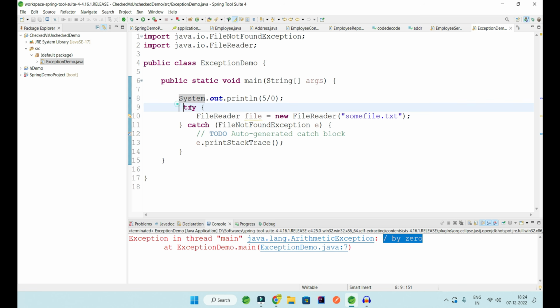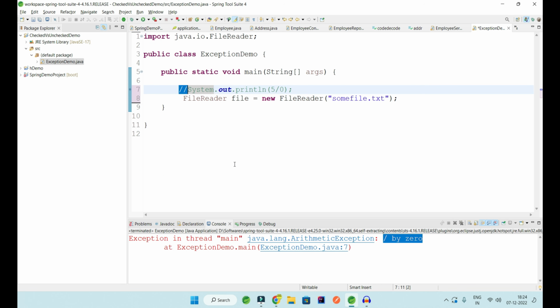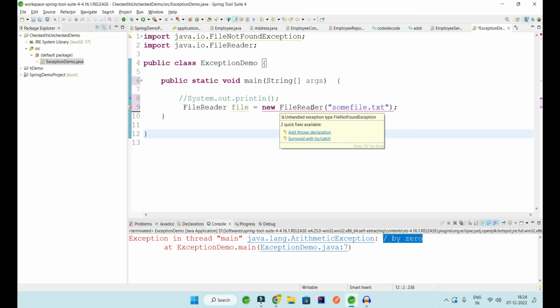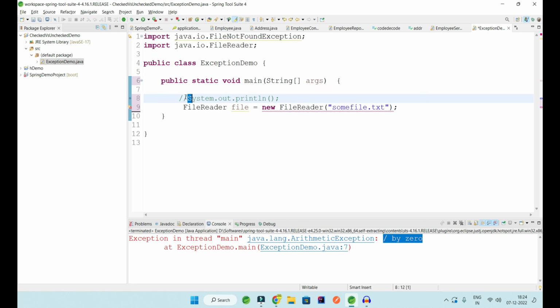So now with try and catch or with throws, your class compiles successfully. Either the throws or the try catch is a must for your checked exception. If I remove throws and do not use try catch, then the compiler will not compile it. So either the throws or the try catch is compulsory for your checked exceptions, and nothing is required for unchecked exceptions.